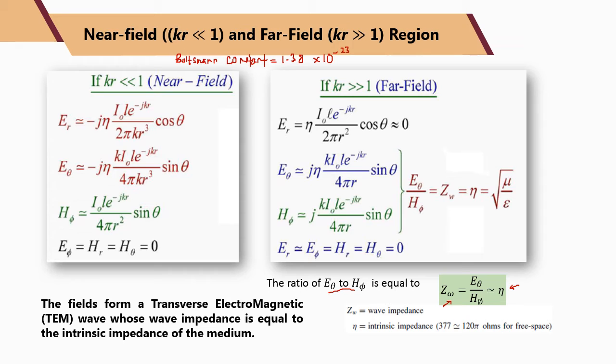For free space, the intrinsic impedance is equal to 377 or 120 pi ohms. The E and H fields form a transverse electromagnetic (TEM) wave mode in which the wave impedance, Z omega, is equal to the intrinsic impedance of the medium.